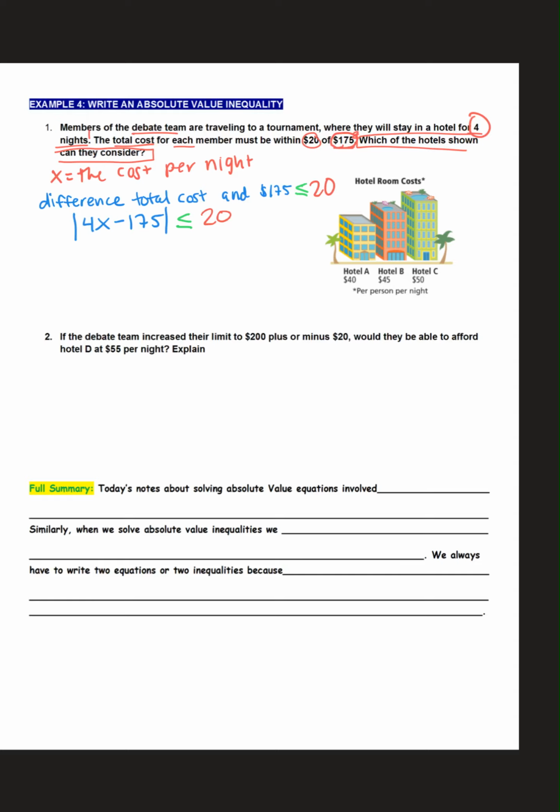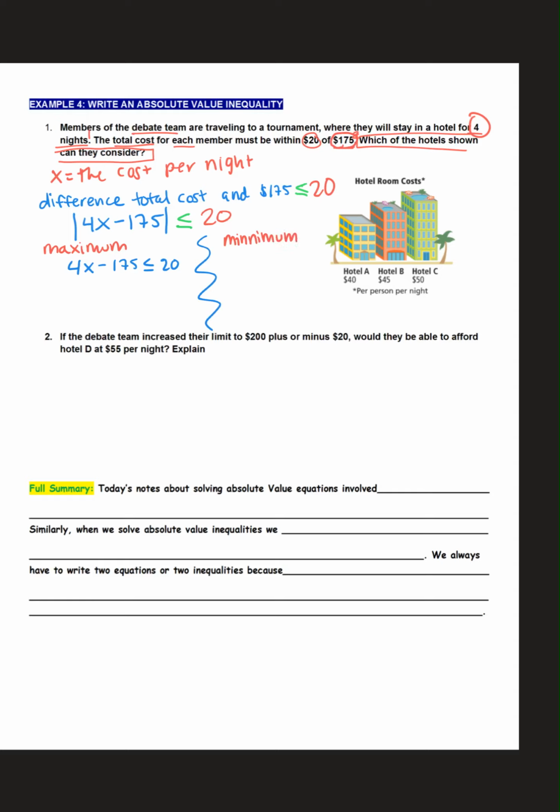If they're positive 20, that means we're going $20 more than 175. So our maximum cost is going to be this option, where you take 4x minus 175 is less than or equal to 20. Then on our other side, we'll have the minimum, where we change it to negative 20. That would be $20 less than 175.